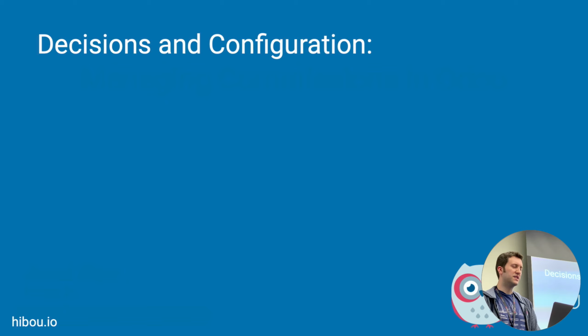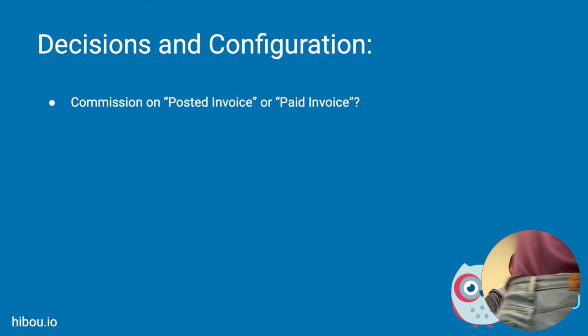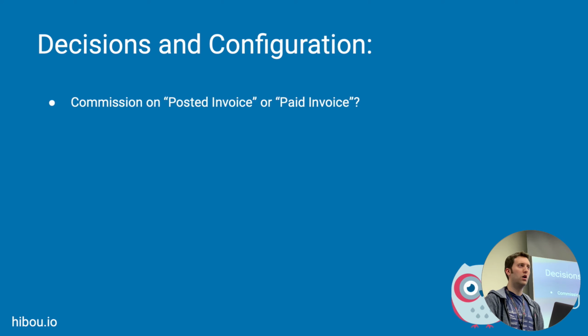So, some decisions and configuration that we want to talk about. First, the decision on when you recognize that commission as a liability. Typically that would be on posting an invoice, right? So creating an invoice and then confirming the invoice, posting it in 13. This is in 13, by the way. Or on the invoice paid.